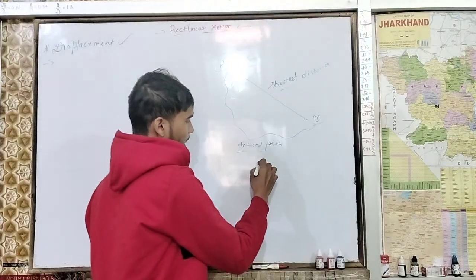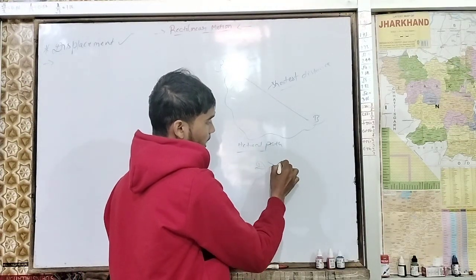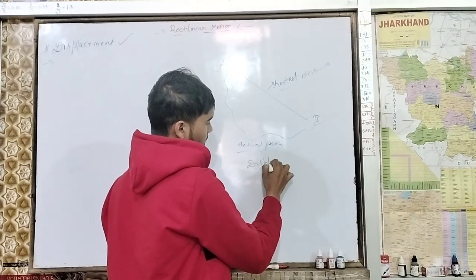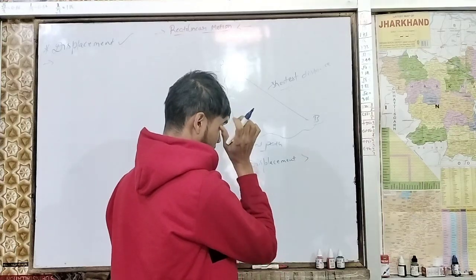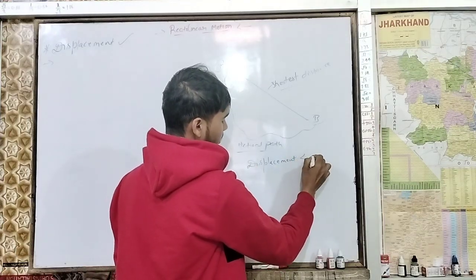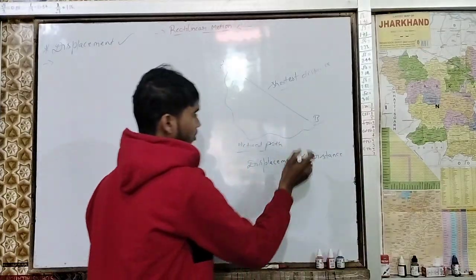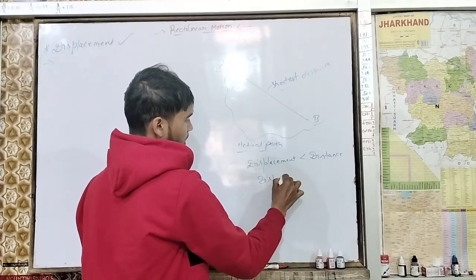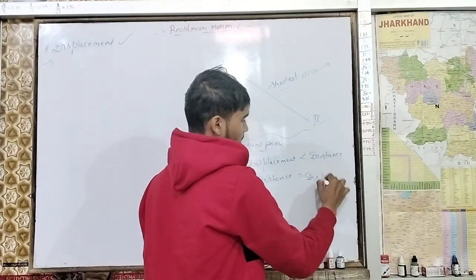From this you can understand displacement can be less than distance. Yeah, it can happen. Now distance can be equal to displacement.